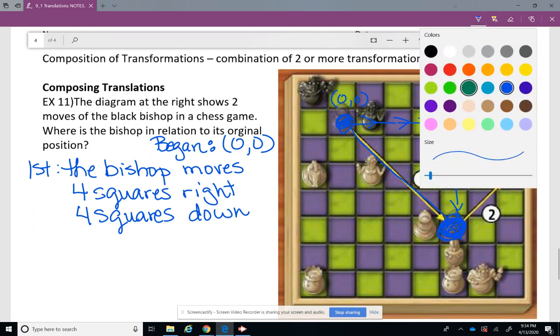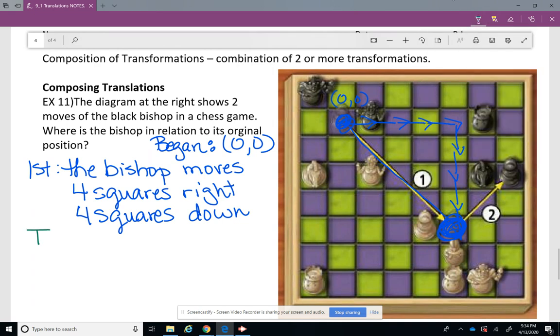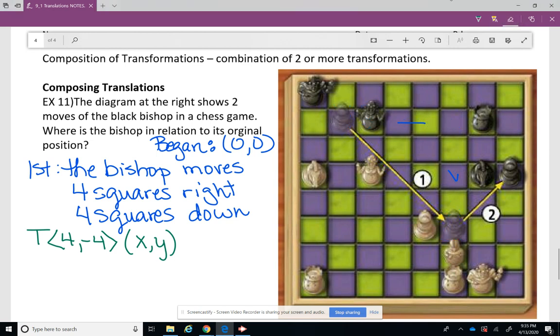Let's do this in green. He was translated. He went 4 right and 4 down. Okay, what was being translated? Well, it was actually the point X, Y, which we called 0, 0, but we really don't know what it is. Now, we want to name the new place that he's at. All right, I'm going to color that place with a red star. We want to name this point.